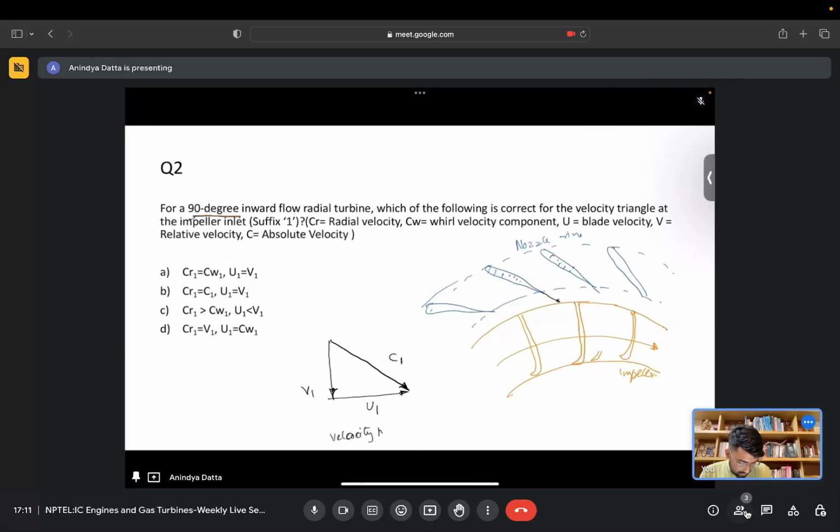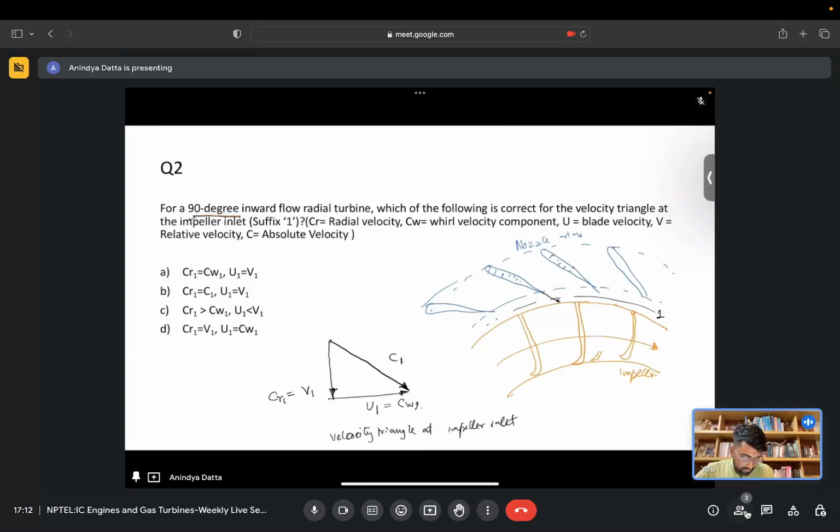Velocity triangle at impeller inlet, which is this region, this is our 1. You see this is the radial direction, so CR1 equals V1. The whirl component of velocity, which is the projection of C1 in the tangential direction, is equal to CW1.